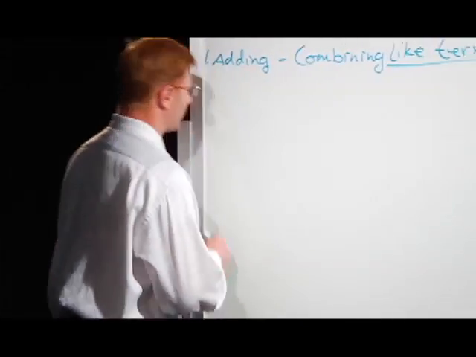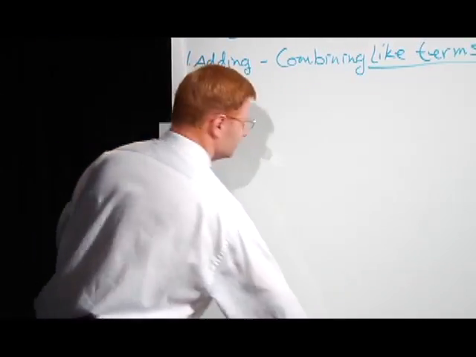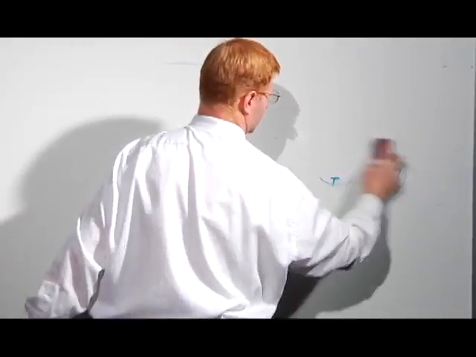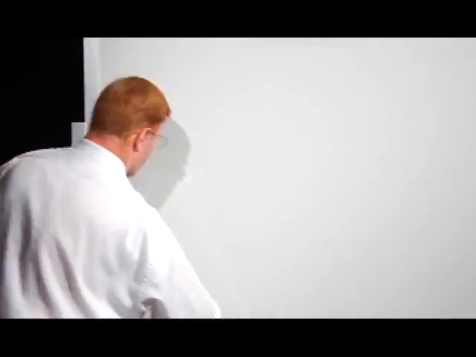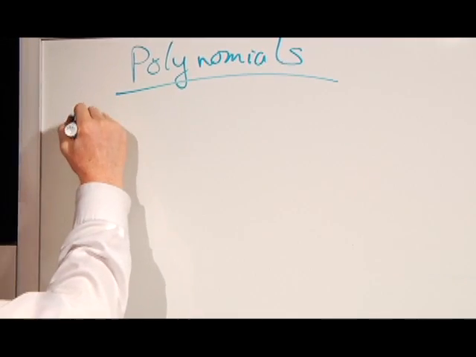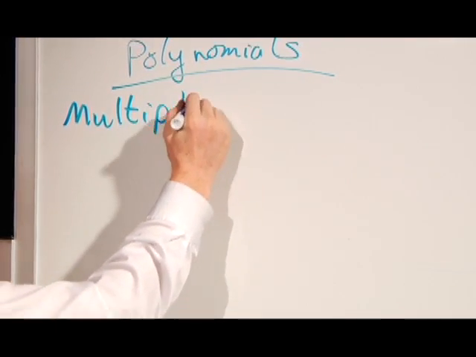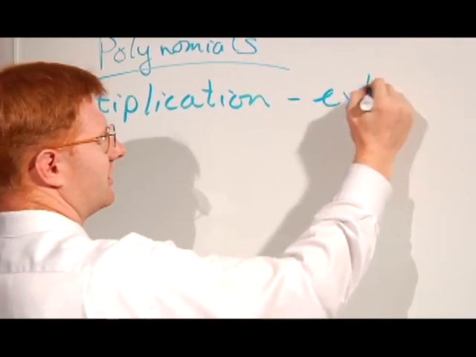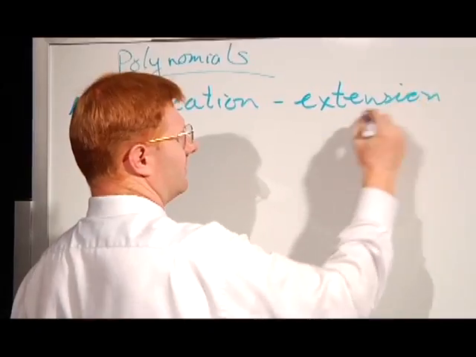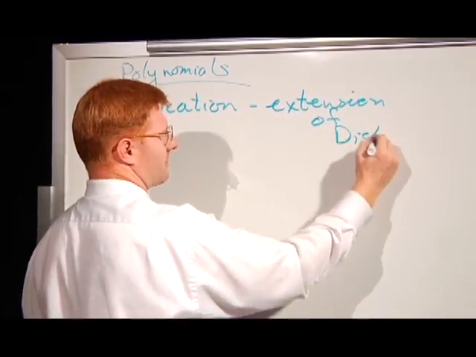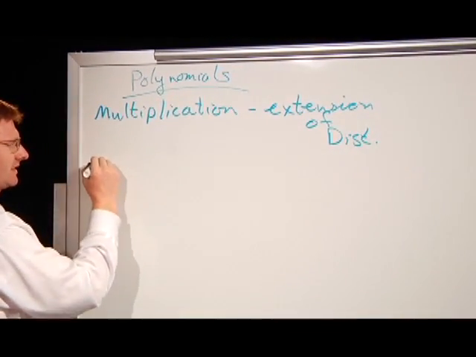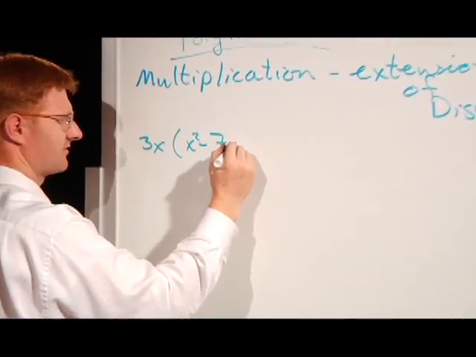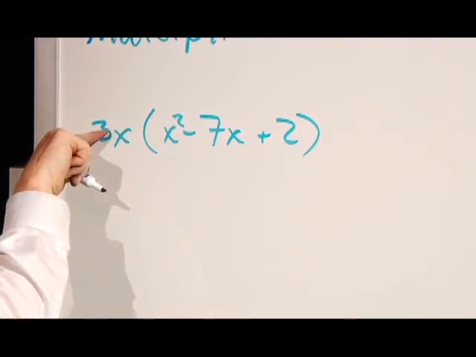For example, when I teach multiplication of polynomials, it is an extension of the distributive property. For example, I take 3x times x squared minus 7x plus 2, and I'm able to distribute it in.